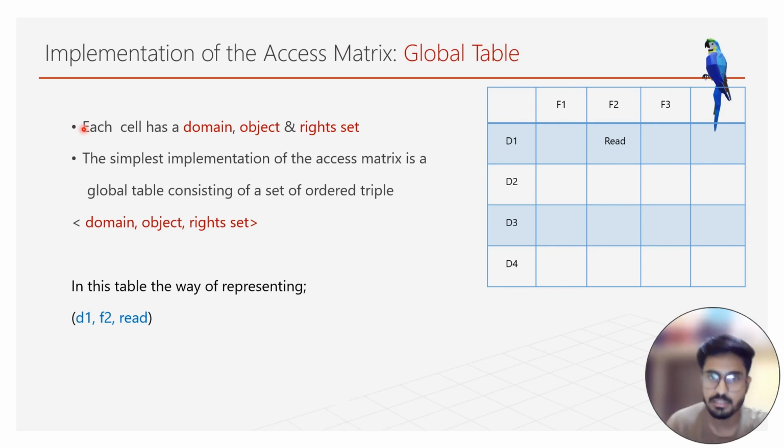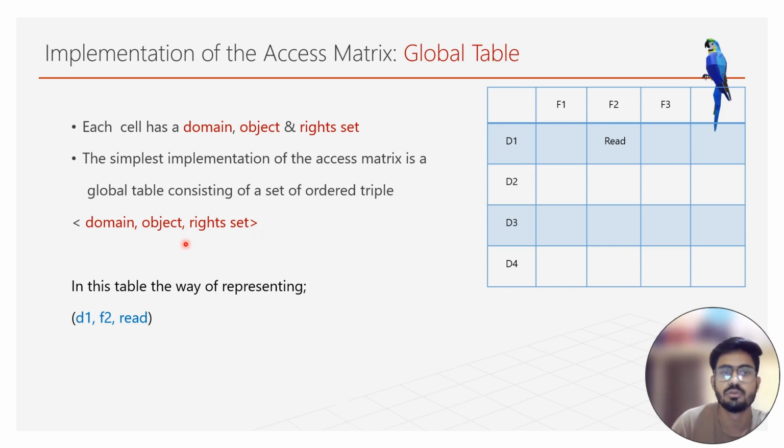The global table is similar to the access matrix, but different in representation. Each cell has a domain, object, and rights. I think this is clear to all of you. For example, D1 reads F2, and this is the representation of the global table.